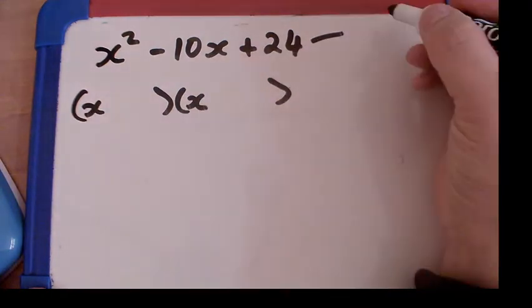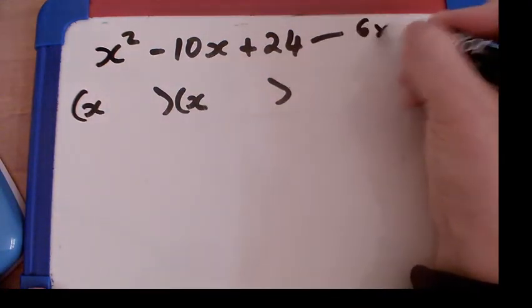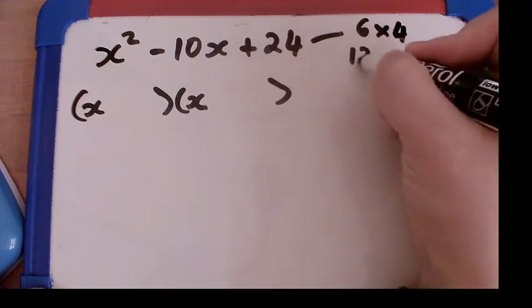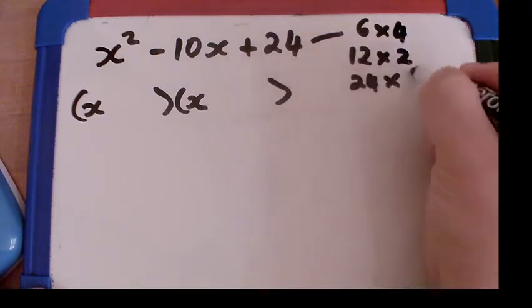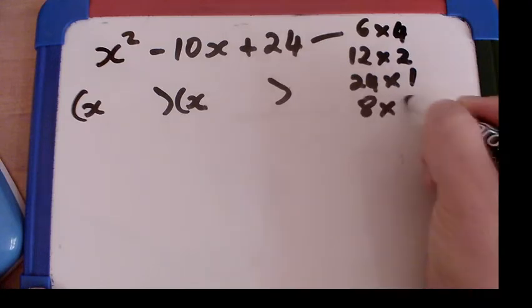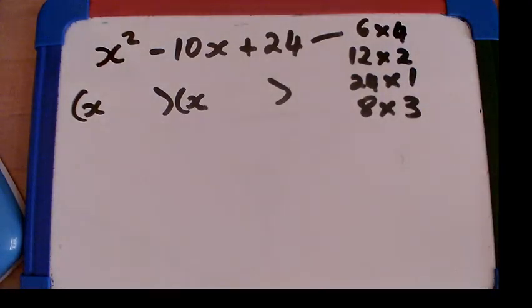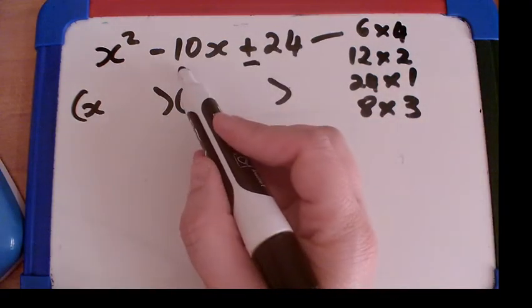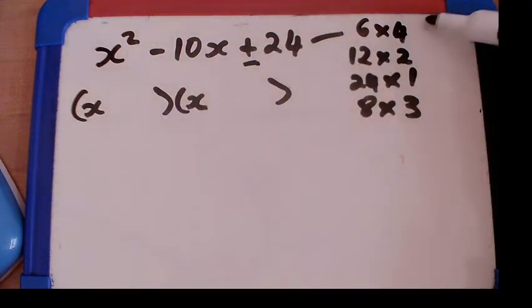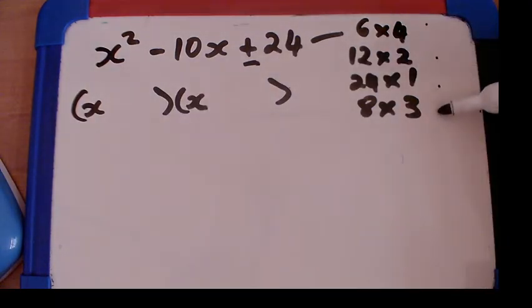Options for 24. Well, it's 6 times 4, 12 times 2, 24 times 1, and 8 times 3. So once again, we have a few options. Now here's the difference. We need to make them add to give us 10. Same as before, which pair adds to give me 10?